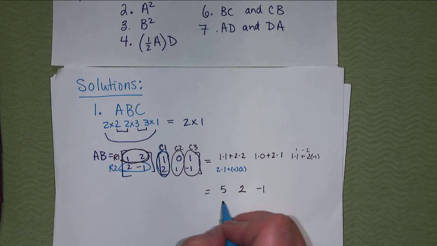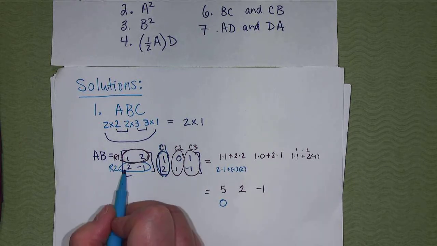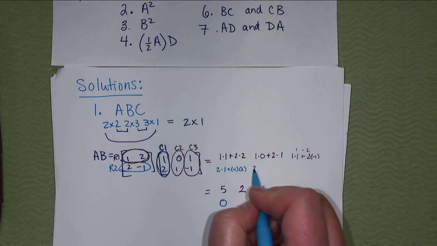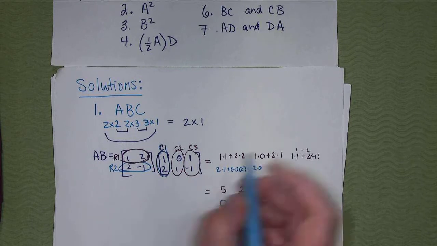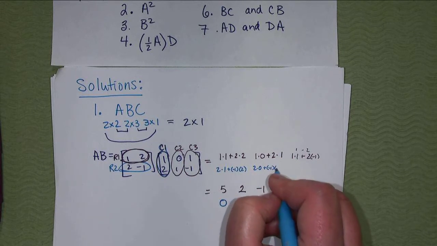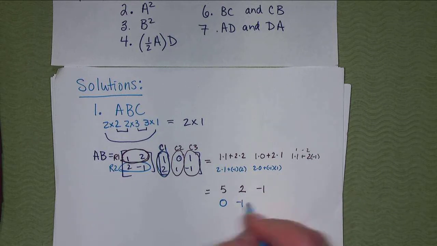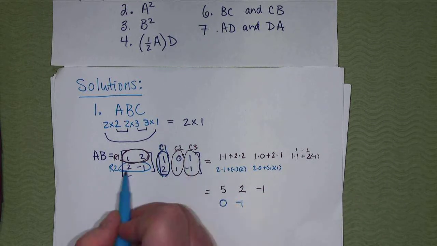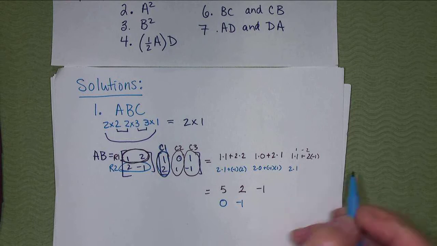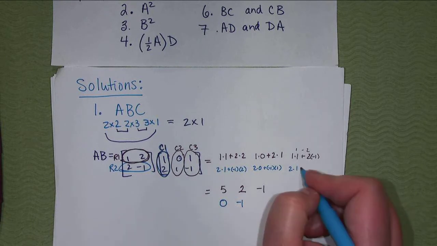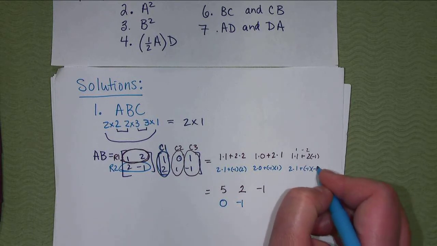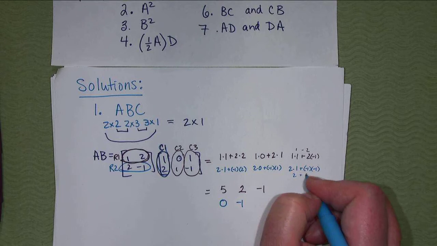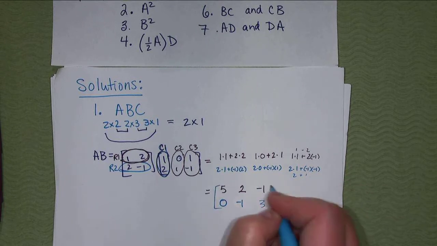Then 2 times 0 and minus 1 times 1. And the last one, 2 times 1 and minus 1 times minus 1. So that's 2 plus 1 is 3. So this is A times B, not B times A, it's A times B.